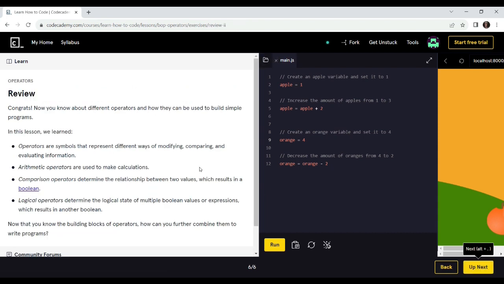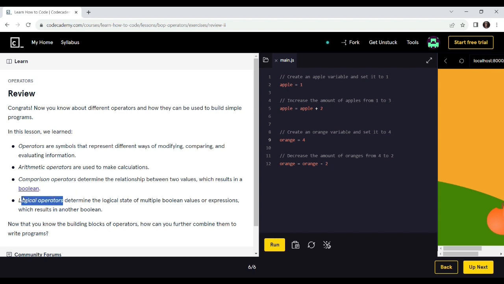So in review, we discussed how there are different kinds of operators, some of which are arithmetic in nature, meaning they're essentially used to perform calculations, whereas other operators are used to compare and evaluate different types of information, as in the case of Boolean operators or comparison operators, which have a Boolean nature to them, meaning the evaluation of something being either true or false.